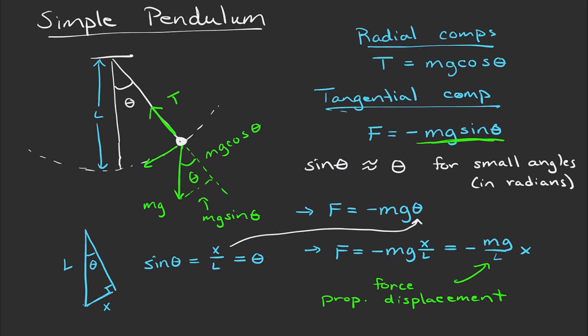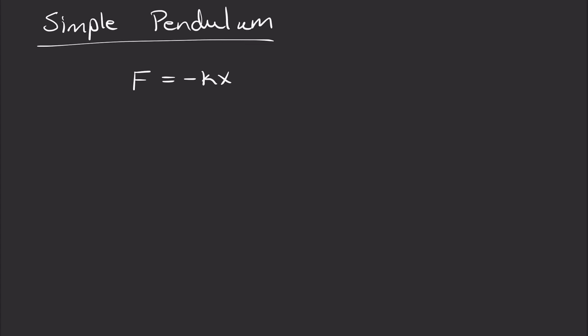So if we continue looking at a simple pendulum, now we can compare to what we already know. So before we had F equals minus kx, this was just our spring force for our glider, and now we have F equals minus mg over L times x. So this tells us that for a pendulum, mg over L must play the role of a spring constant.